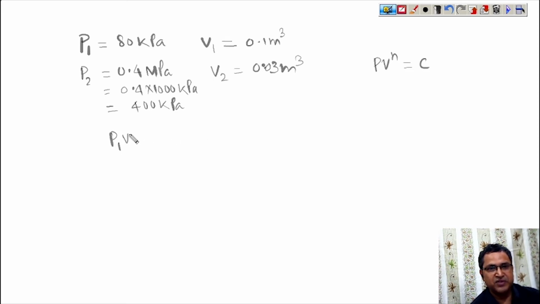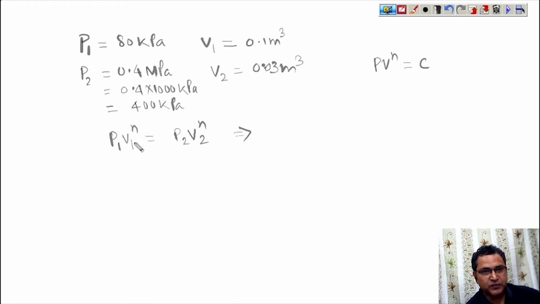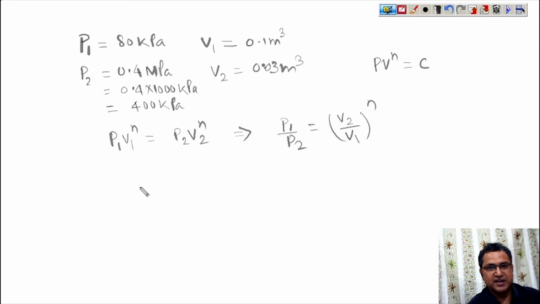So P1 V1 raised to the power n equals P2 V2 raised to the power n. If we have to calculate the value of n, then P1 upon P2 is equal to V2 upon V1 raised to the power n, or V1 upon V2 raised to the power n comes out to be P2 upon P1.